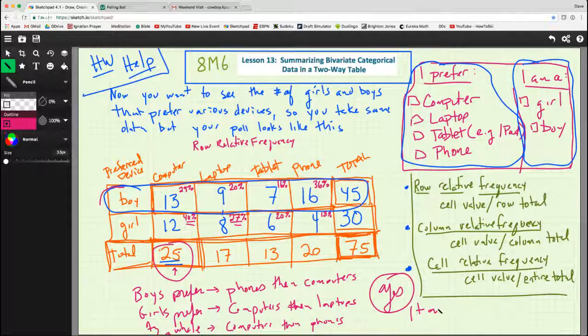It appears that boys and girls have very different preferences. And that's what this chart will show. Now let's move on to the next. We're going to stick with this same data, but we'll ask some different questions on the next page.